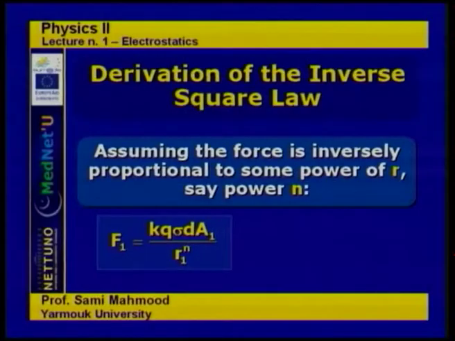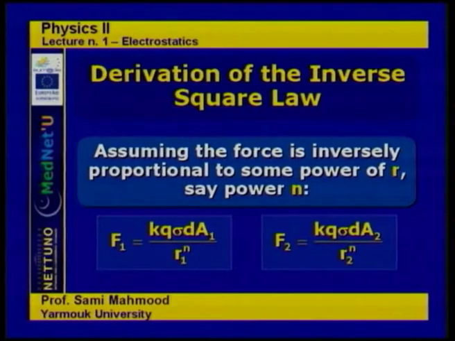In this case, the force due to the first surface charge is k, which is the proportionality constant we spoke about, times the point charge q times the charge on the surface area, which is sigma times dA1, over the distance r1 to the power n. That's what we assume the force law to be dependent on.